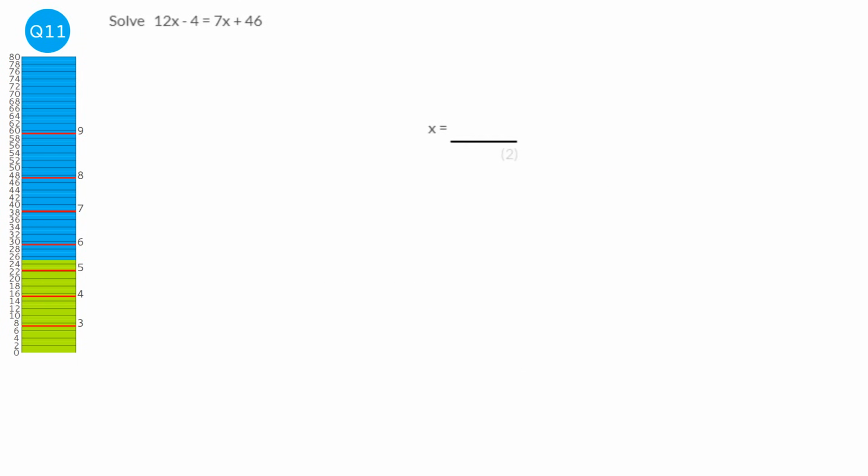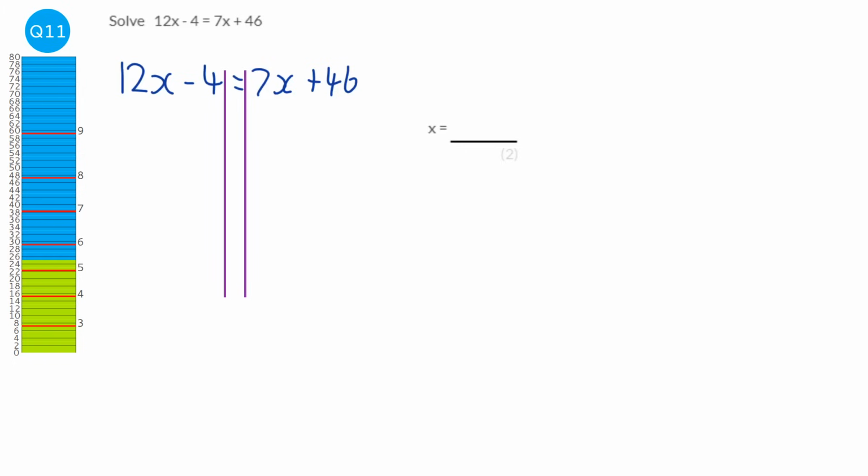So I'm going to write out the equation again just to give us a bit more space. And the rule we have here is if we have an x on both sides, which we do in here, we pick the smallest one to get rid of. So we've got a 12x and a 7x, and so the smaller x would be the 7x.